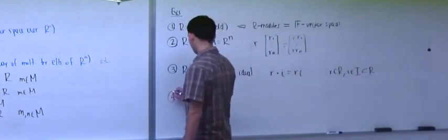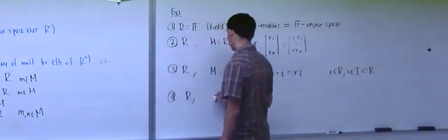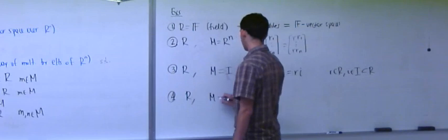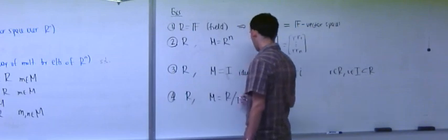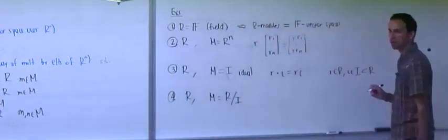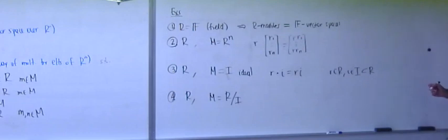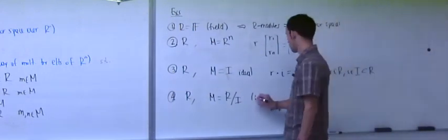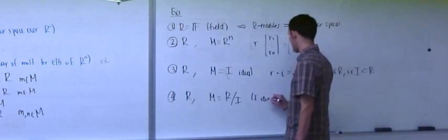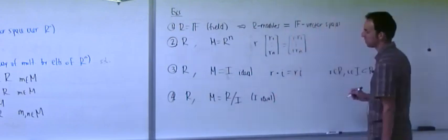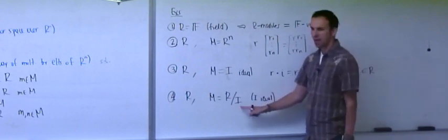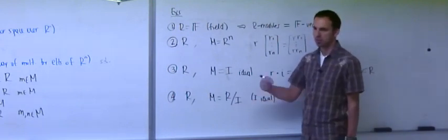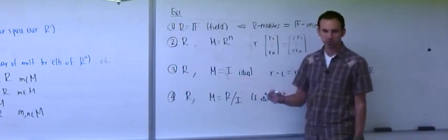And another example is that if you have some ideal, then you can consider the quotient ring, R mod I, and that's also going to be a module. How is that a module? Well, the elements of R mod I are cosets, right? And you know how to add cosets, and you know that the sum of two cosets is a coset.